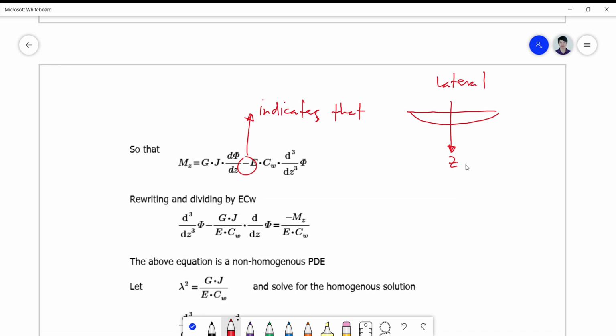Okay, so if you notice on your beam curvature, your phi is actually M over EI, but M here indicates your displacement, which is downward.